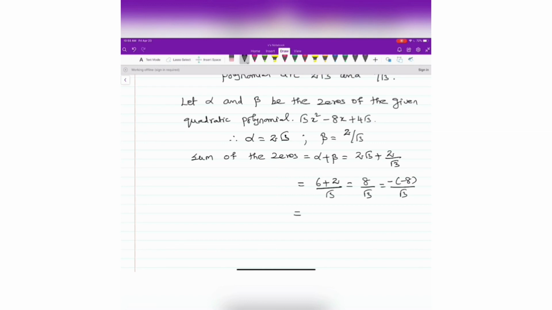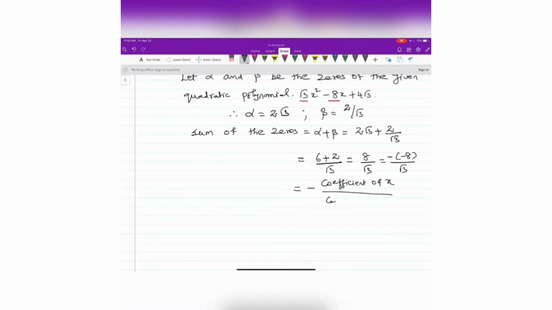So this is equal to minus, what is minus 8? Minus 8 is the coefficient of x. Root 3 is the coefficient of x square. So I can write this as minus, instead of minus 8 I can write coefficient of x by, for root 3 I can write coefficient of x square.